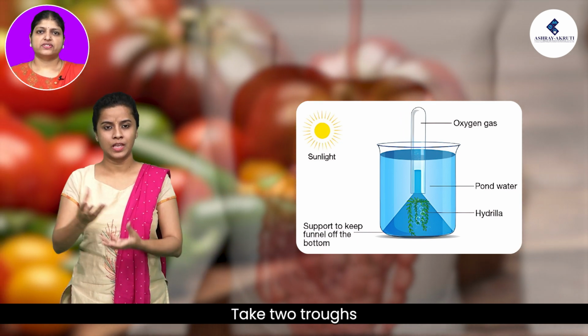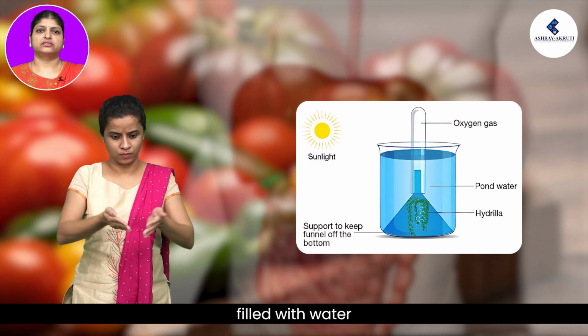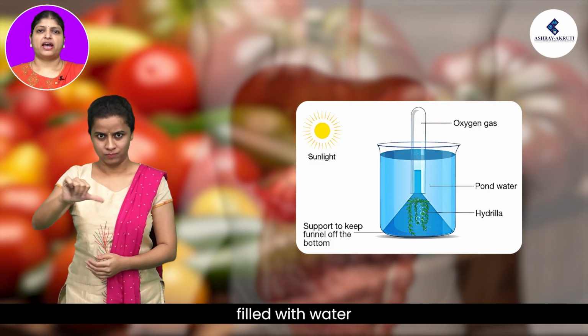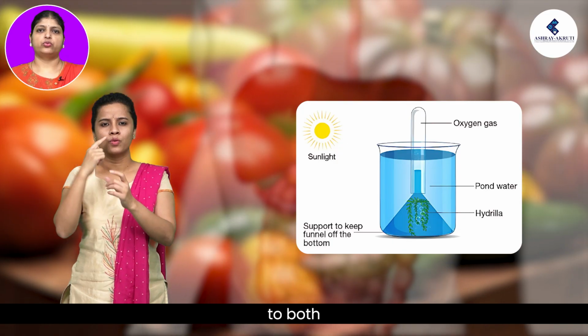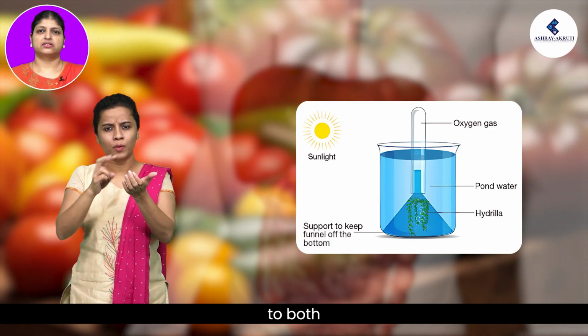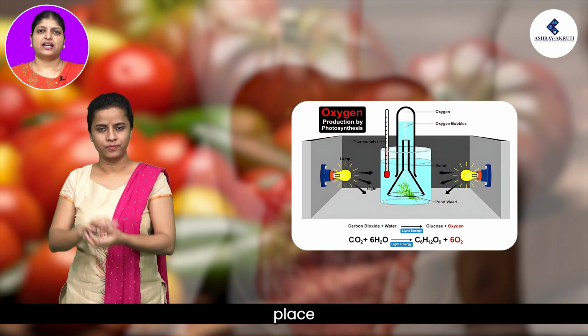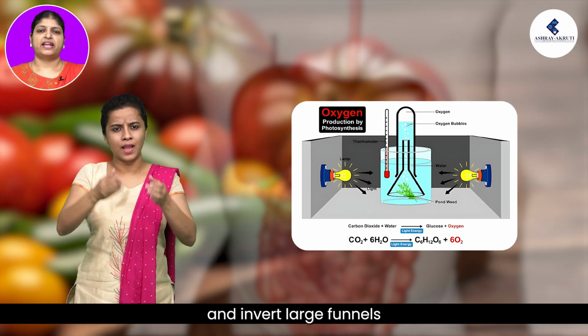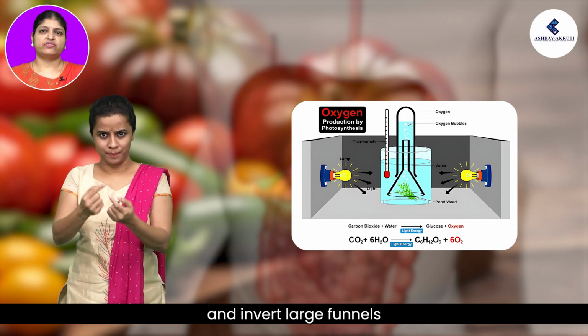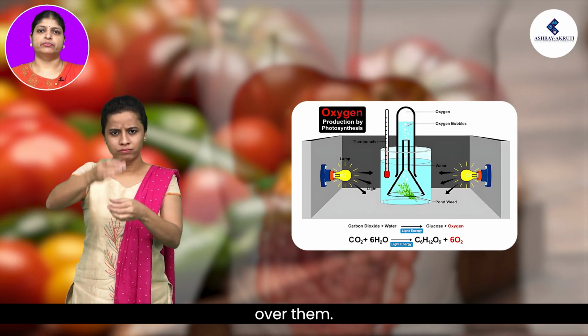Take two troughs filled with water. Add a few crystals of sodium bicarbonate to both. Place hydrilla plants in both troughs and invert large funnels over them.